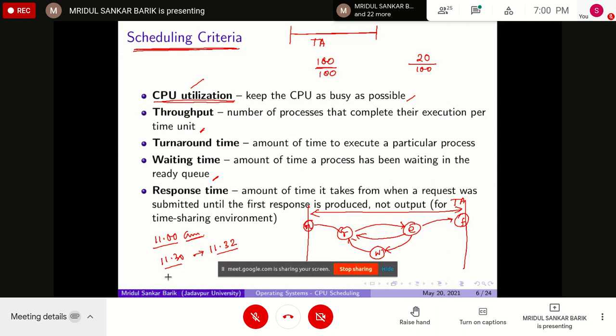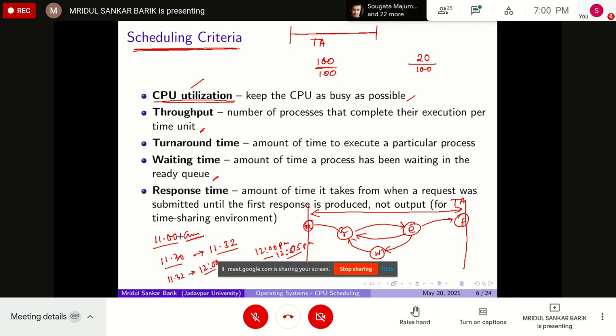Then you required another thing, so you had to withdraw money. You stood in another queue in front of another window. From 11:32 you had to wait till 12 p.m. And from 12 p.m. to 12:05, you actually got the service from that person, and you got your money and left immediately.